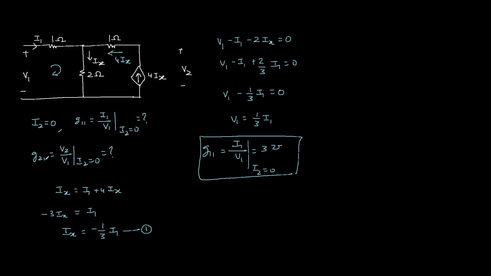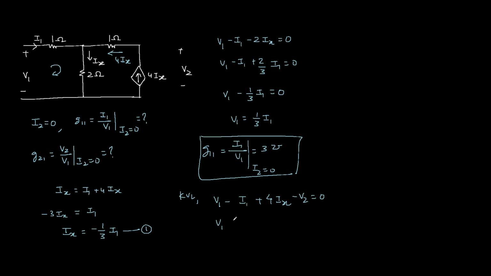Now we'll find out G21, which is the ratio of V2 to V1. So applying KVL in this path, rise in voltage V1, and then drop across the 1 ohm resistance is I1, and then rise across the 1 ohm resistance is 4Ix, and then drop V2, minus V2.